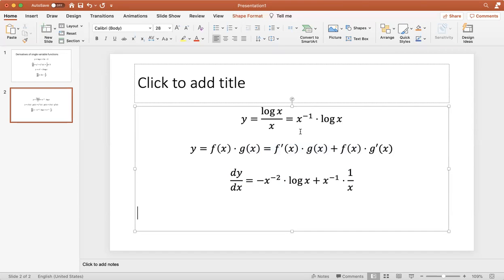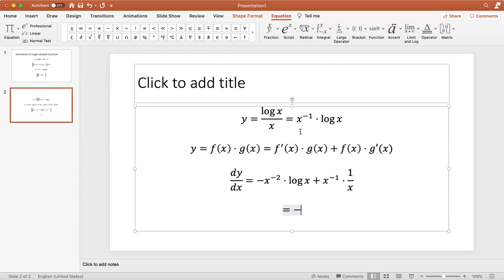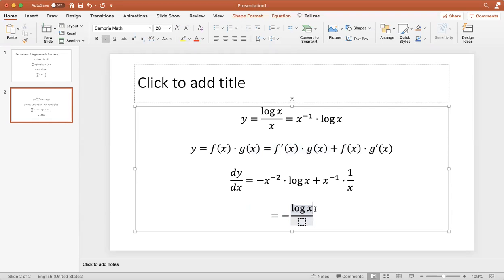Now we can simplify this. So this becomes negative log of x over x squared. Notice that the negative exponent disappears because when you have a negative exponent, you turn this into a fraction, so that becomes 1 over x squared. Or it's tantamount to dividing x raised to 0 by x squared.